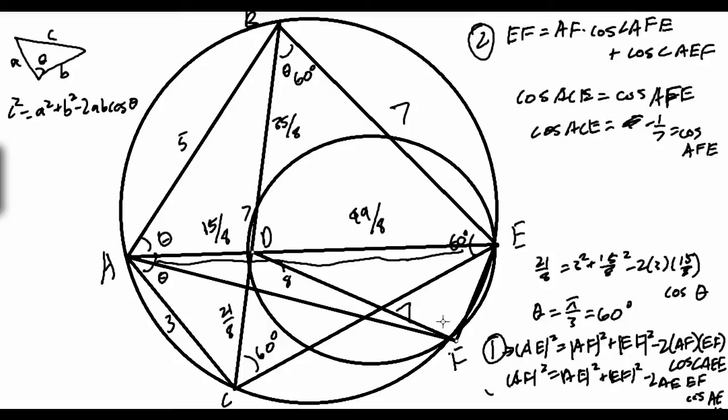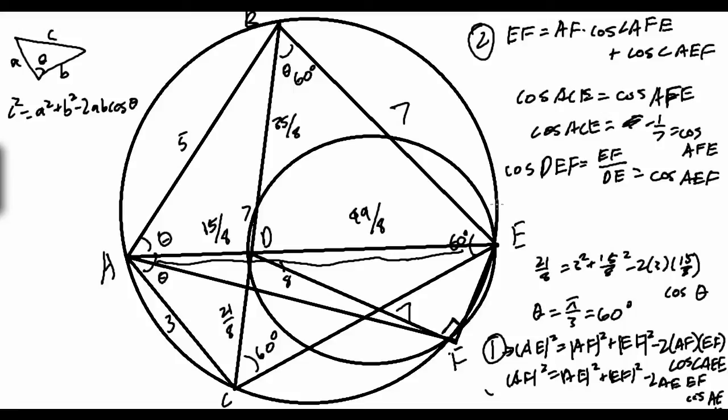Since DE is the diameter of the circle, this is a right angle, which means that cosine DEF is equal to EF over DE, which is also equal to cosine AEF, because they are the same angle.